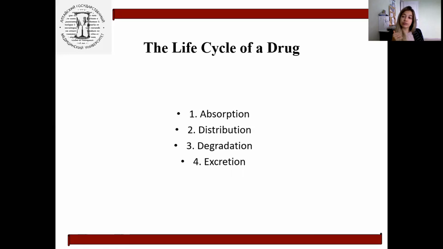Our body can make oxidation. Our body can make the opposite of oxidation, reduction. Well, our body can make different biochemical reactions, because you know that we have many enzymes which can work with the drug. So this is degradation.